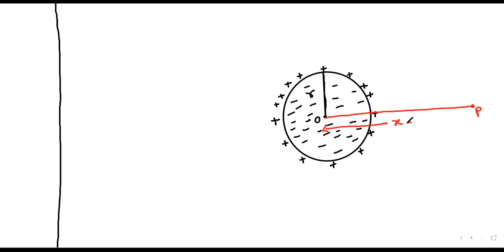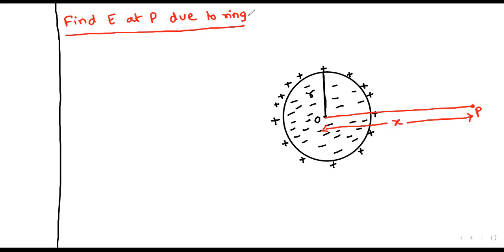Now, I want to find the electric field at point P due to the ring. Fine. Now, you can see, I need to find what is the electric field at point P due to this ring.